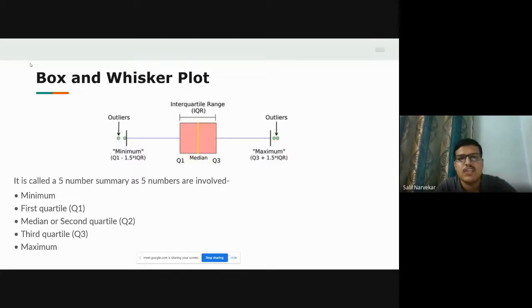This involves 5 numbers: the minimum, first quartile, median or the second quartile, third quartile, and the maximum. The thing in between is the box, and these 2 things on the side are the whiskers. That's why it's also called a box and whisker plot.